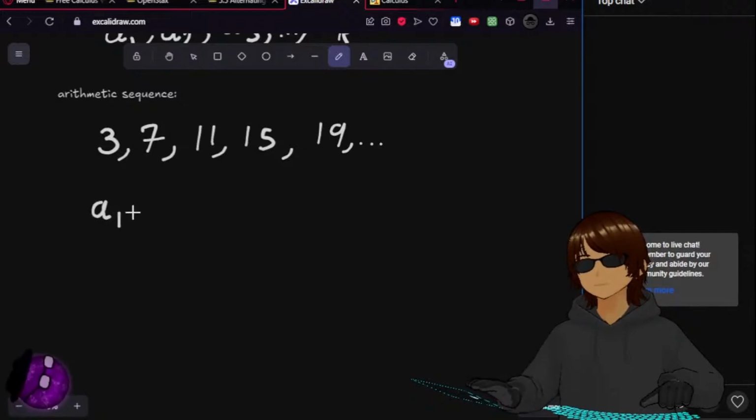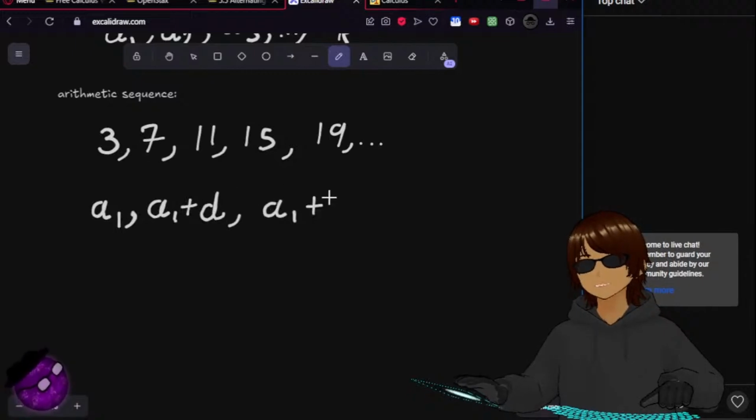A1 is the first term. And the second term, A2, instead of writing this, I can rewrite it as A1 plus a difference, so plus 4 in this case. Then the next term could be written as plus 2D, so plus 4 plus 4.